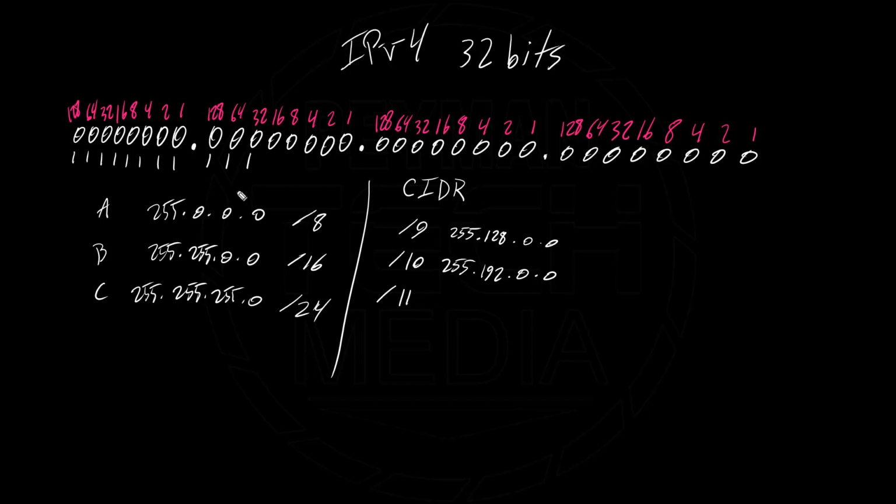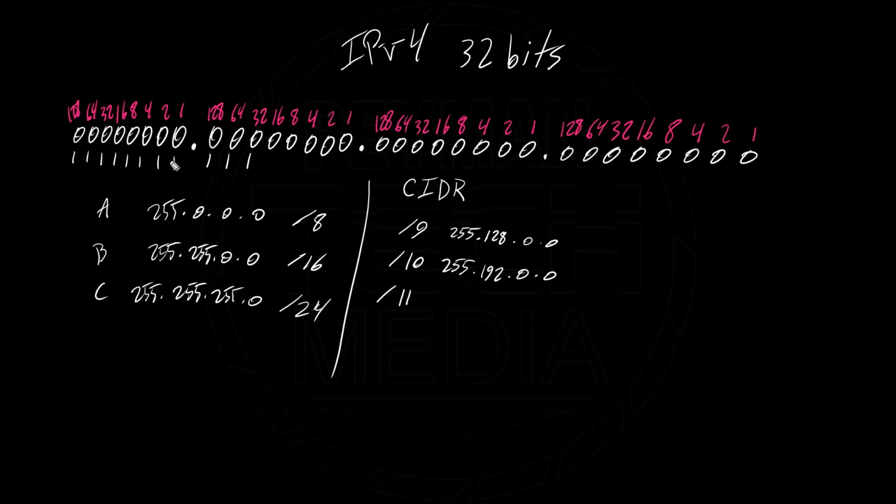Here, these are just examples. If we want to use CIDR, classless interdomain routing, instead of the default subnet mask, we just borrow one more bit. So here we have 8, 9, 10, 11, right? So 128 plus 64 plus 32. 128 plus 64 is 192, plus 32, 224 on the second octet.